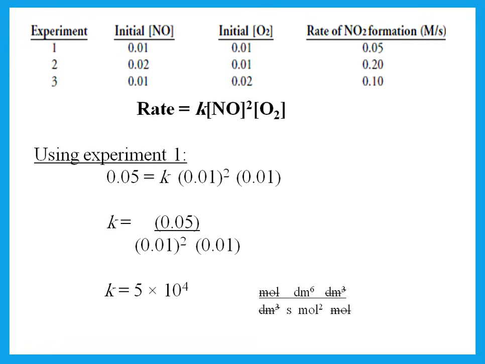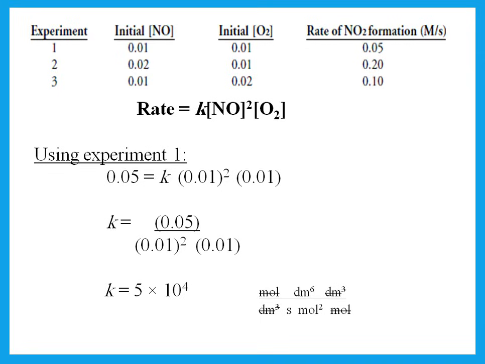Now, what is the unit? He will always ask for the unit. Okay, remember K has different units for different reactions. The rate of the reaction, which is 0.05, the rate is mole per decimeter cubed per second. And any concentration is mole per decimeter cubed.